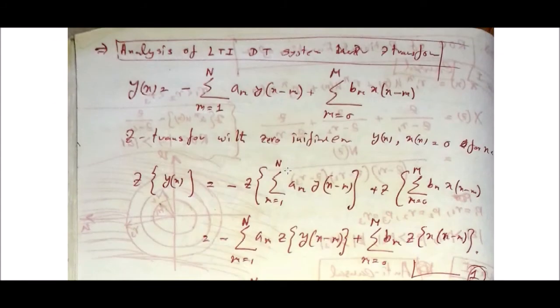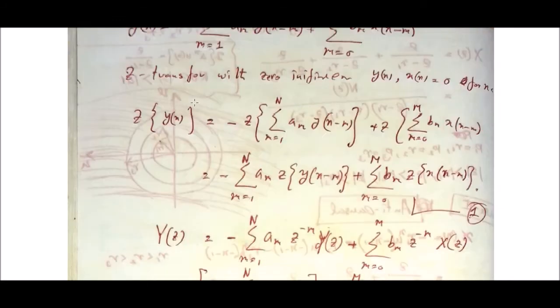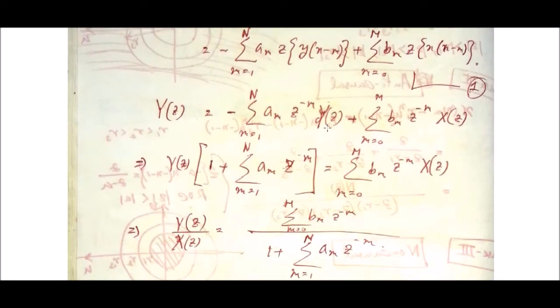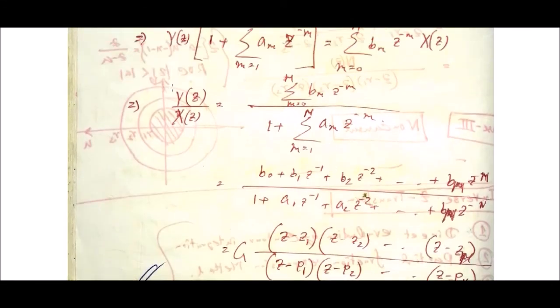Next is the analysis of LTI DT systems using the Z transformation. If you have the time domain difference equation for an LTI DT system like this, and you do the Z transformation of the entire equation, finally you will obtain a rational ratio between the output and input.